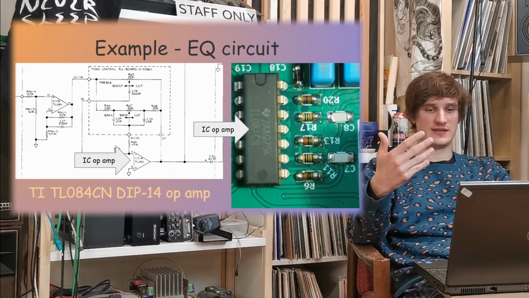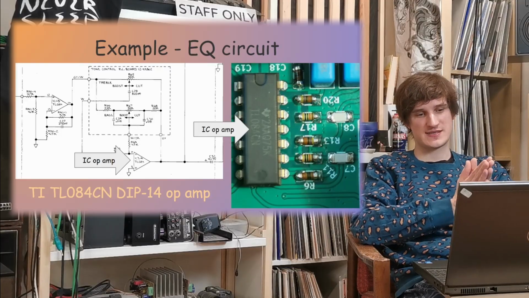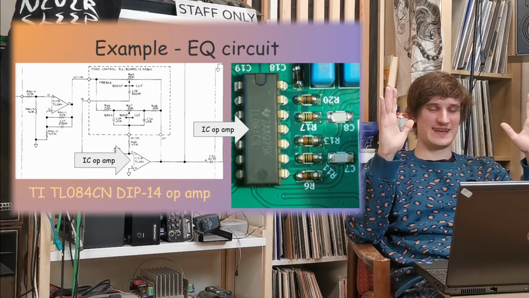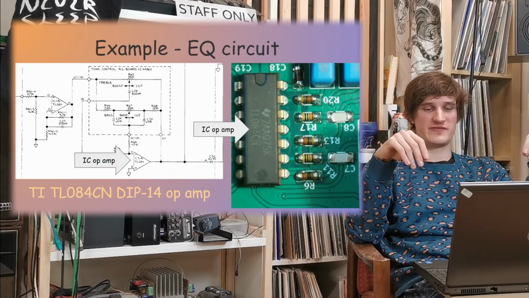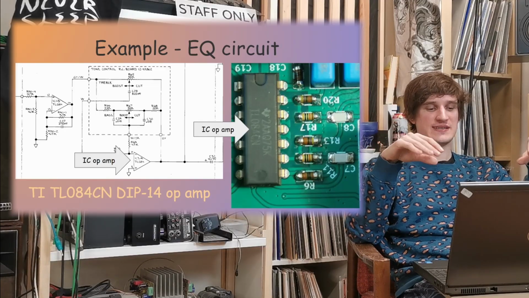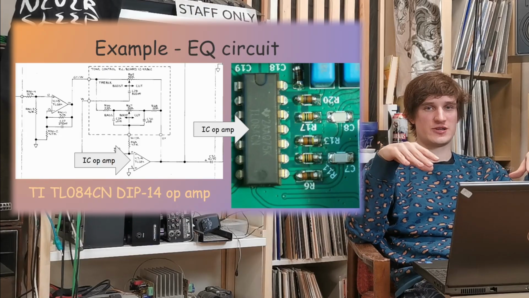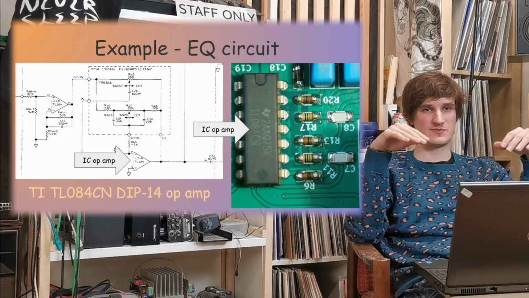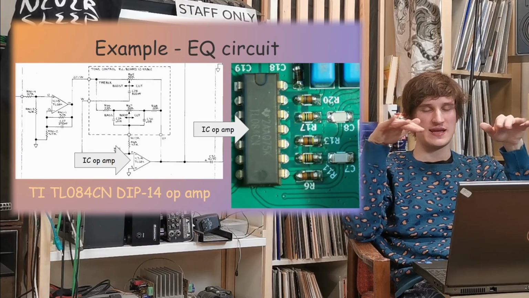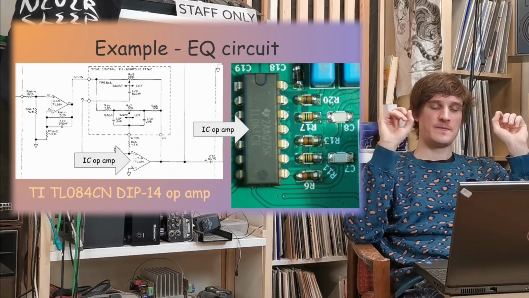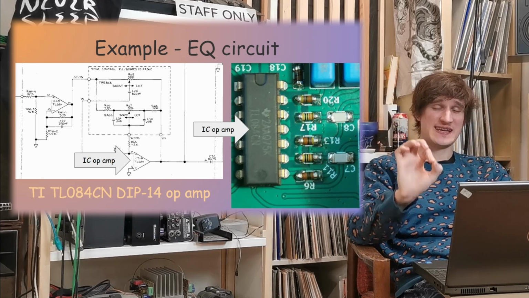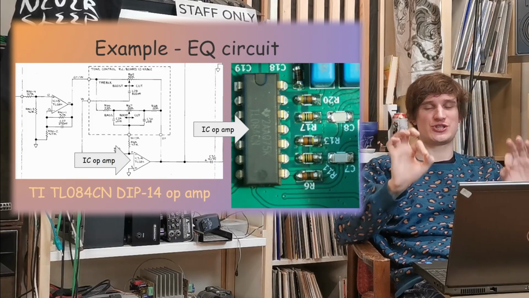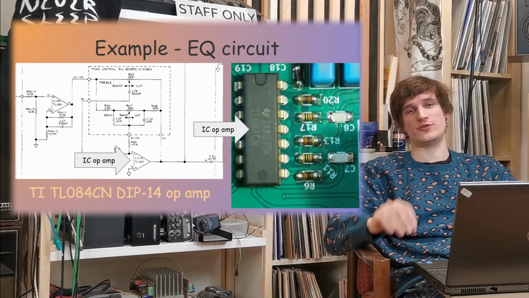But what I did here, to be faithful to the original, is I used the THT package of this op-amp. I used the DIP-14 package. I didn't use a small outline SMD part. I used a bigger part because I wanted to use exactly the same chip that was used in the original array.